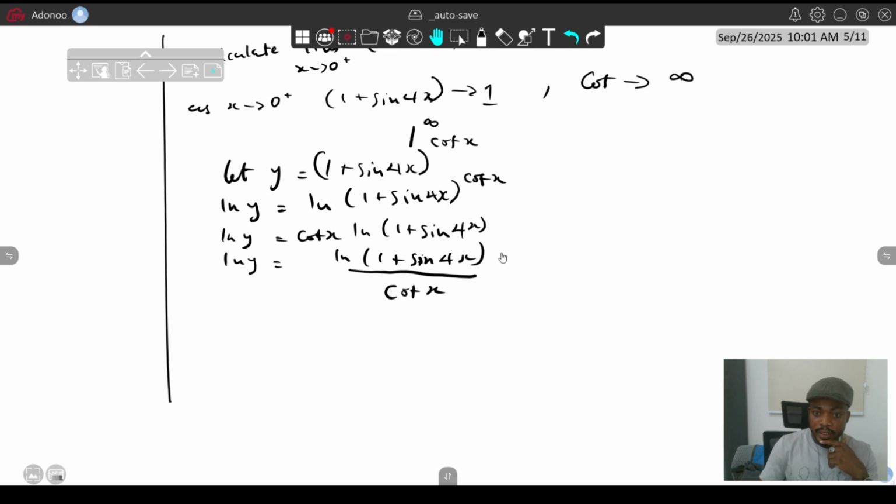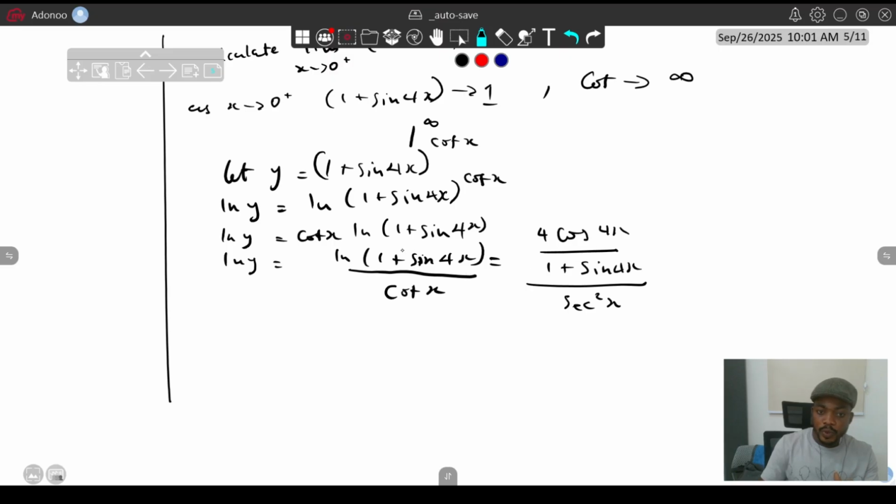Now, if we differentiate the numerator from here, we can see that we will have 4 cos 4x all over 1 plus sine 4x, all over, this is what? We differentiate cot x and we have negative cosec squared x. This should be easy, right?